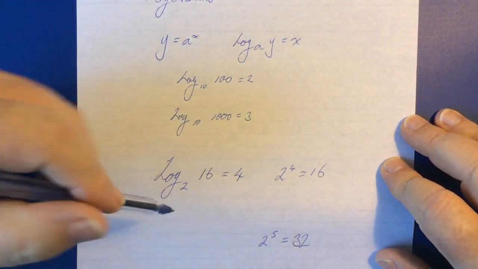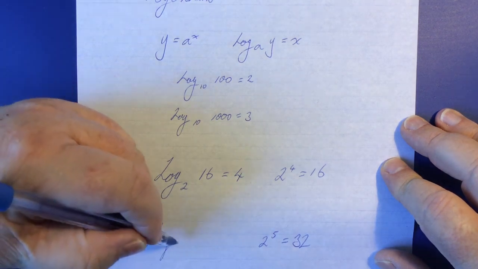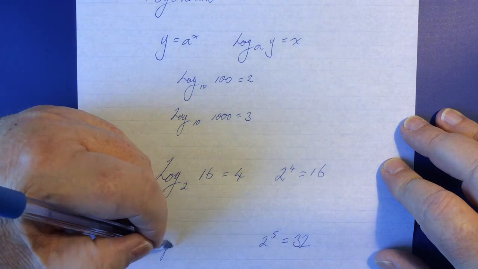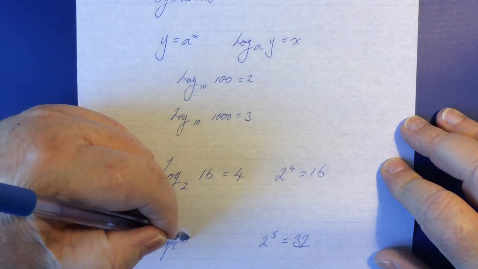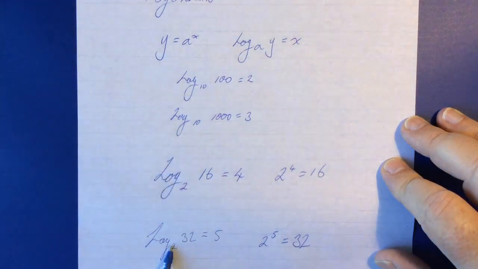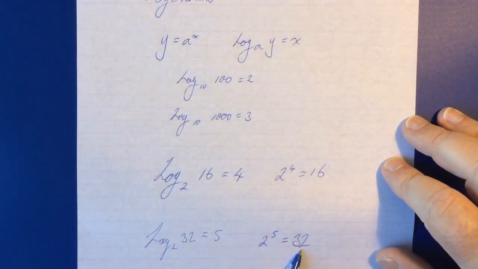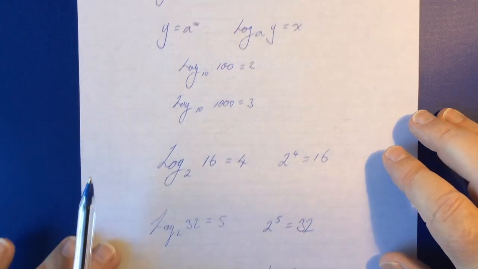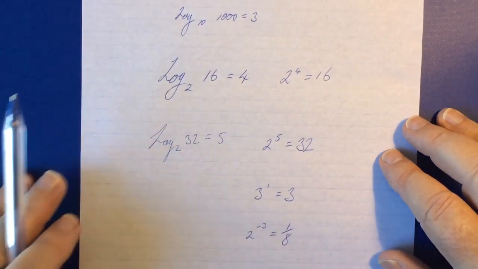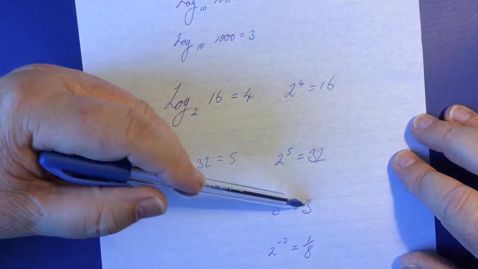Let's try doing this on the fly, shall we? Log, our base is 2, of 32 is equal to 5. 2 to the power of 5 is equal to 32. Let's try a couple more. 3 to the power of 1 is 3.